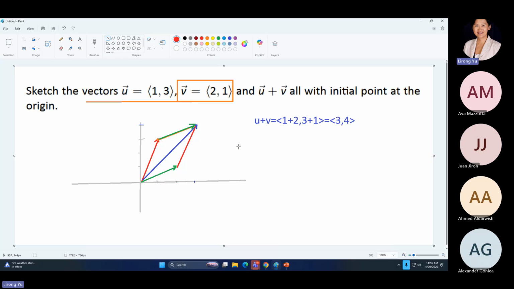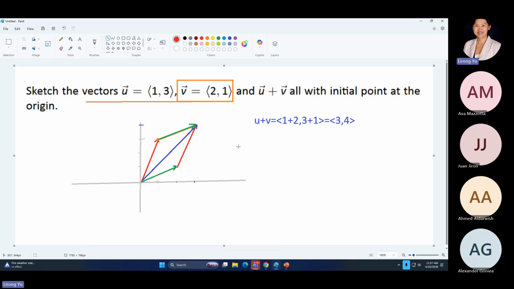Then from this picture, we realize that this is forming a parallelogram, right? The two red sides are parallel and identical in length, and the two gray sides are parallel and also have the same length. A parallelogram is formed by two pairs of parallel lines, and the lengths of the two opposite sides are equal: equal length, equal direction.